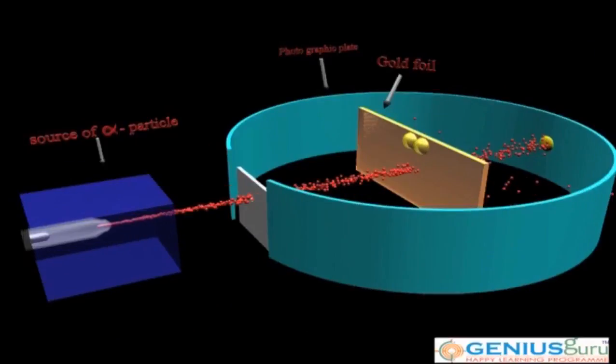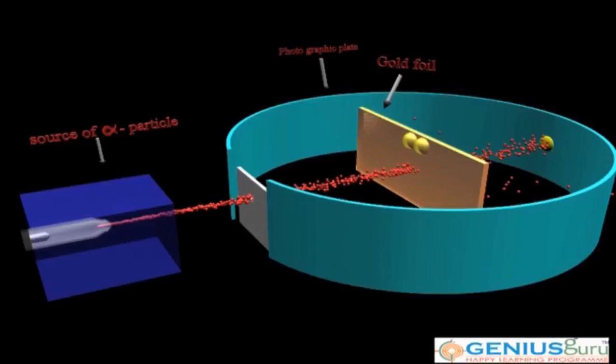Let us see Rutherford's alpha ray scattering experiment. To carry out this experiment, he takes alpha particles. These alpha particles are produced from a radioactive element. Look at this, this is a radioactive element. This radioactive element produces alpha particles. That means the alpha particles are allowed to be incident on a thin metal foil.